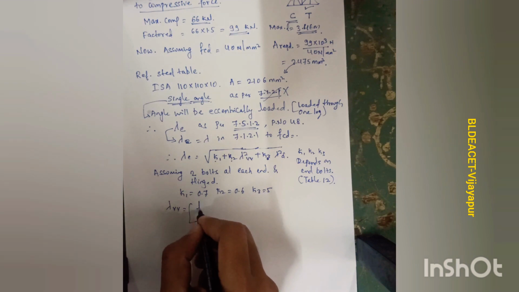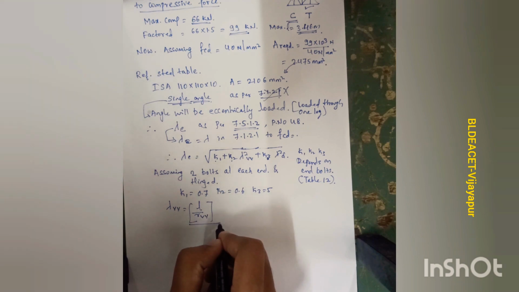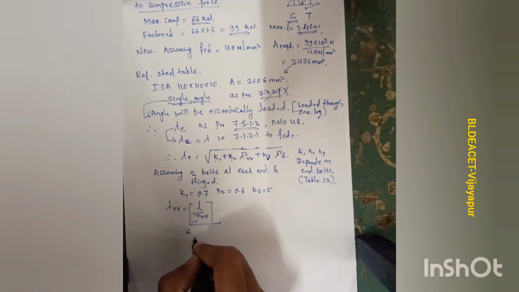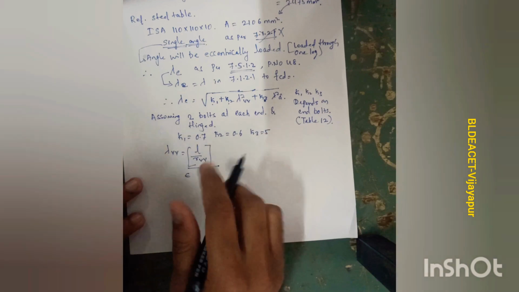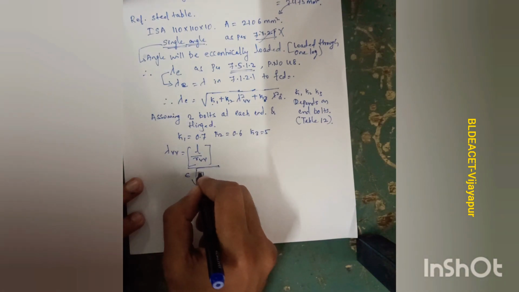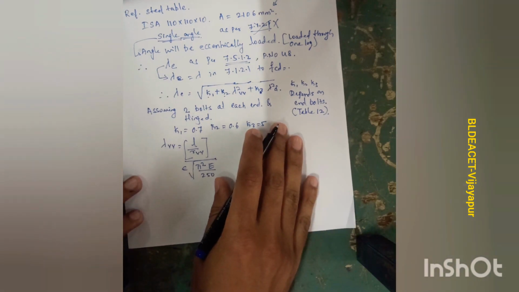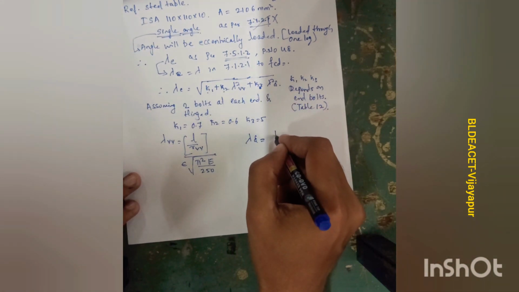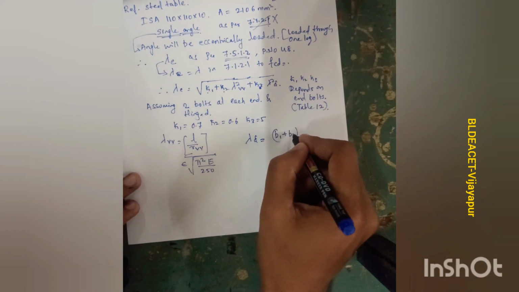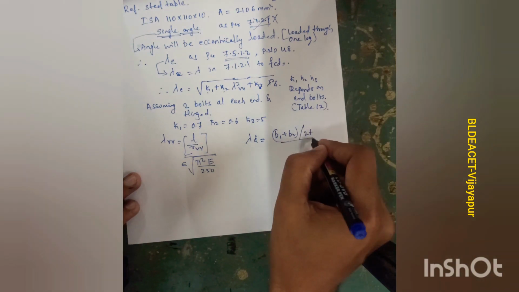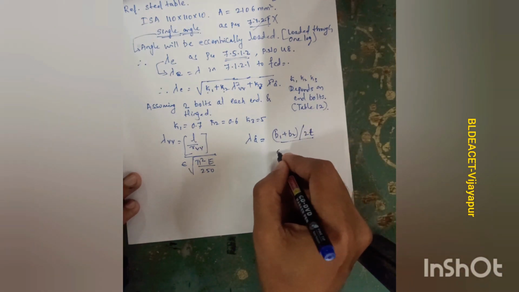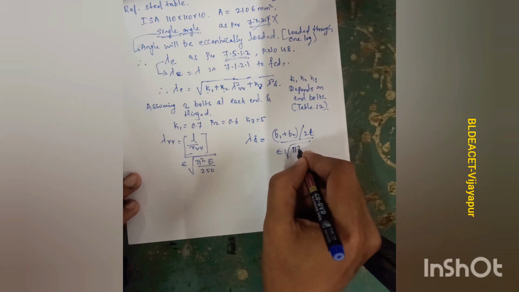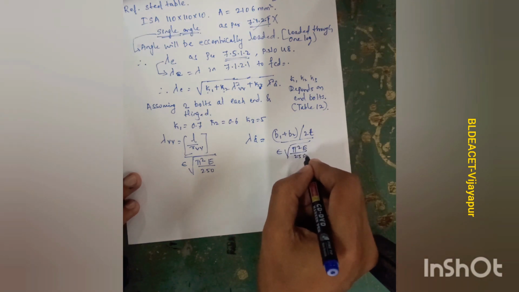So lambda VV will be L by RVV whole divided by epsilon root of pi square into Young's modulus divided by 250, and lambda phi will be B1 plus B2 divided by 2t whole divided by epsilon root of pi square into Young's modulus divided by 250.